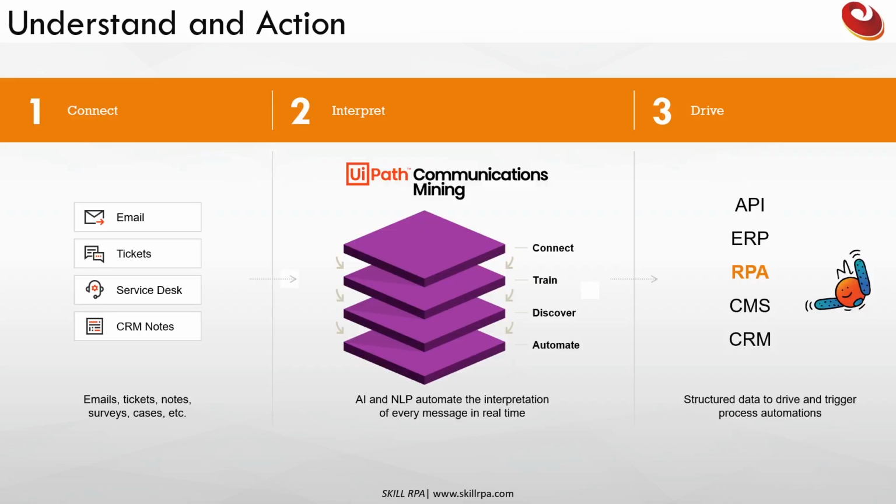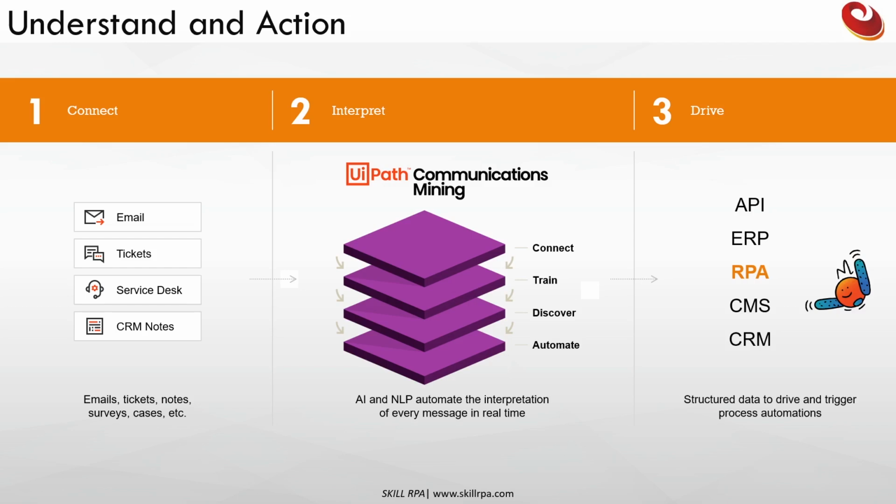How does UiPath communications mining work? At a simplified level, there are four stages or pillars within communications mining: connect, train, discover, and automate. Connect is nothing but connecting any of our existing sources of communications, which can be email, service tickets, or CRM.